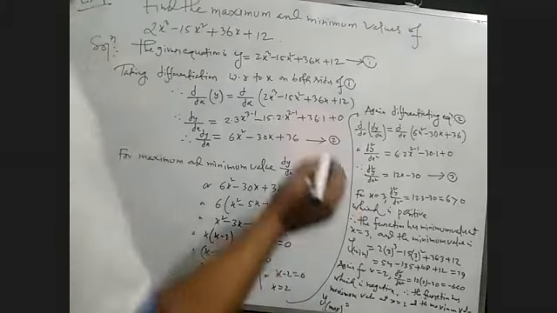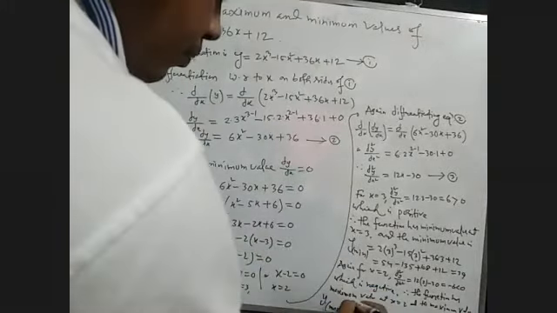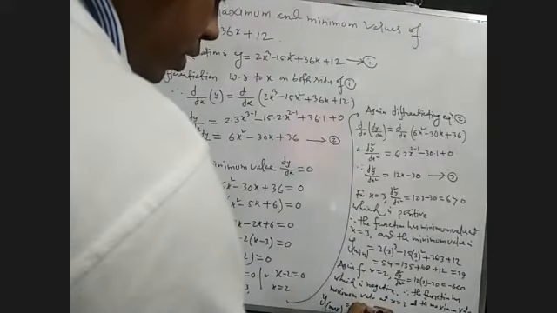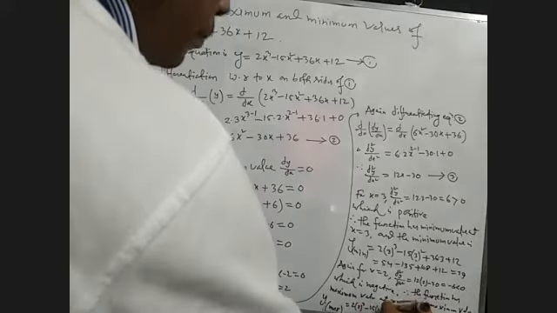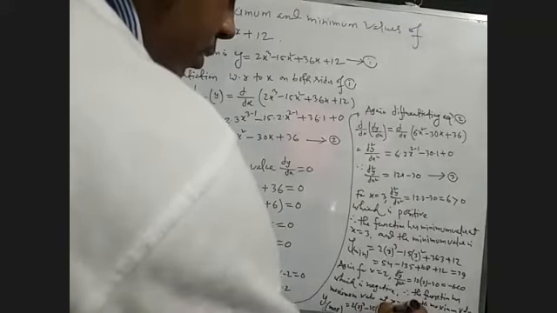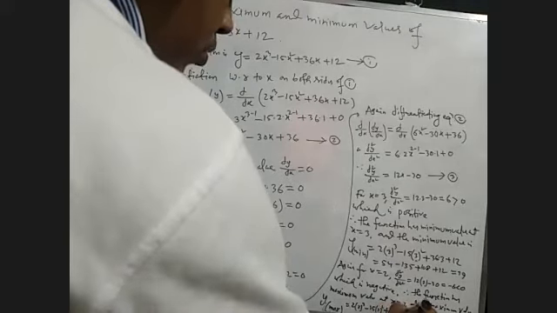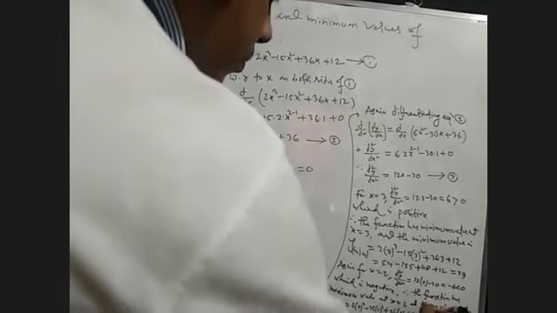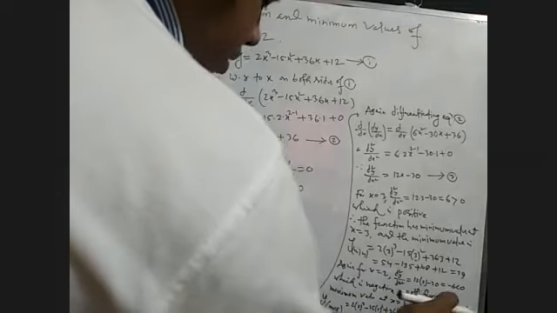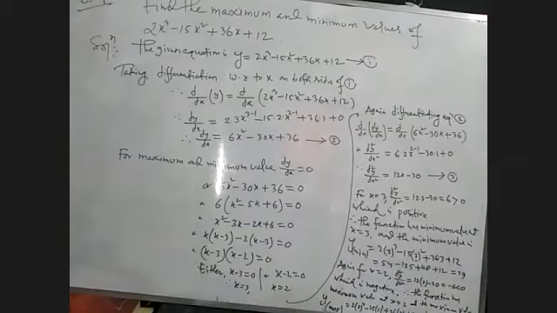Just putting x equals 2 in equation number 1: 2 into 2 cube, minus 15 into 2 whole square, plus 36 into 2, plus 12. Simplifying this, we get the maximum value is 40. This is the result. So my maximum value is 40 and the minimum value is 39.